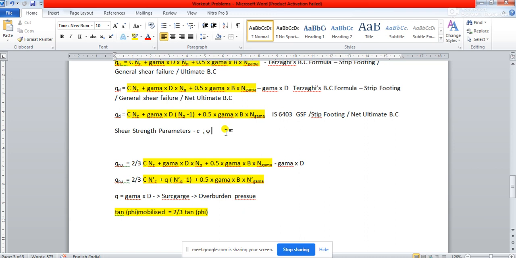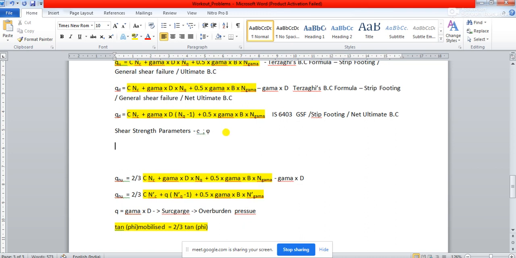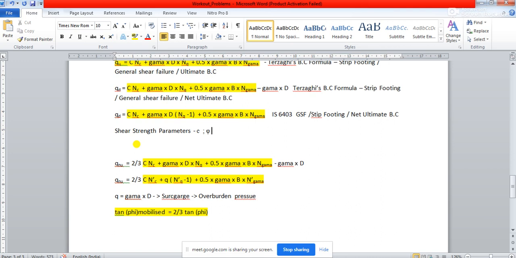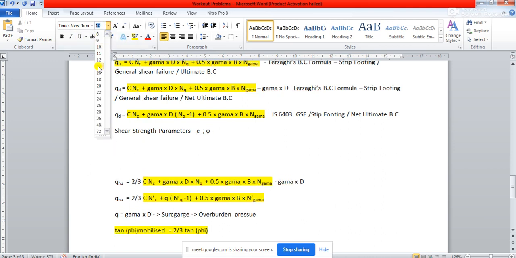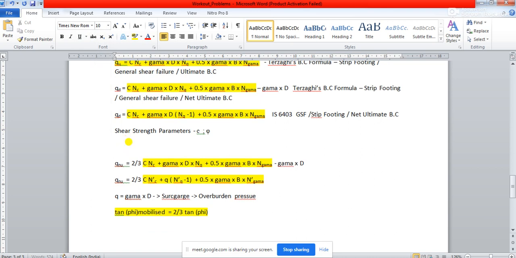So what Terzaghi has said, if you want to make this qd formula applicable for local shear failure, let's say, then you will have to change this formula.